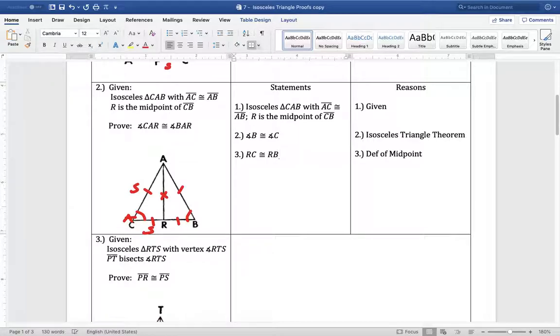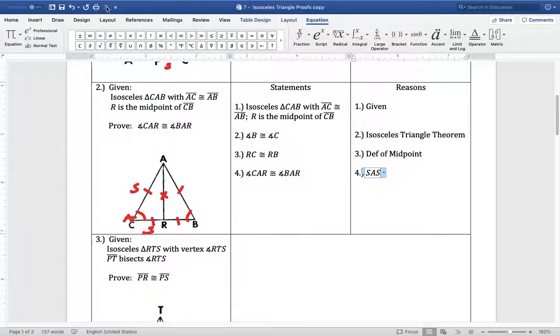And finally, in the fourth step, since we now have everything we need, we can say that these two triangles are congruent. And the reason for this one, as we saw here, was side angle side. So I'll put that in here. Side angle side is congruent to side angle side.